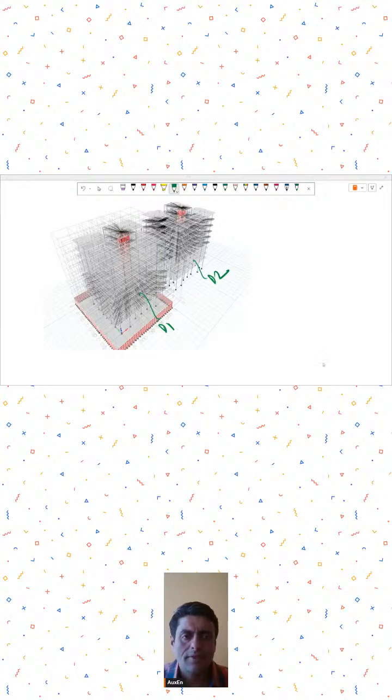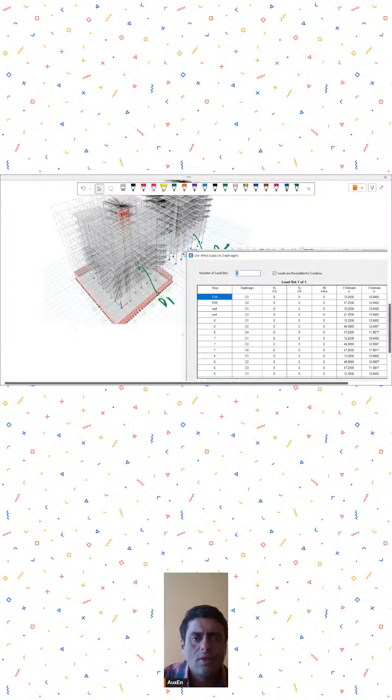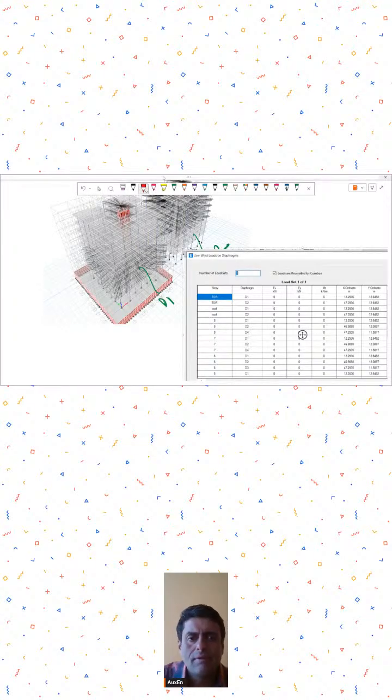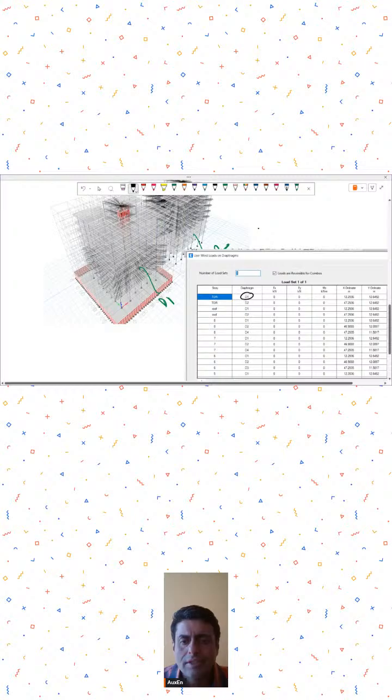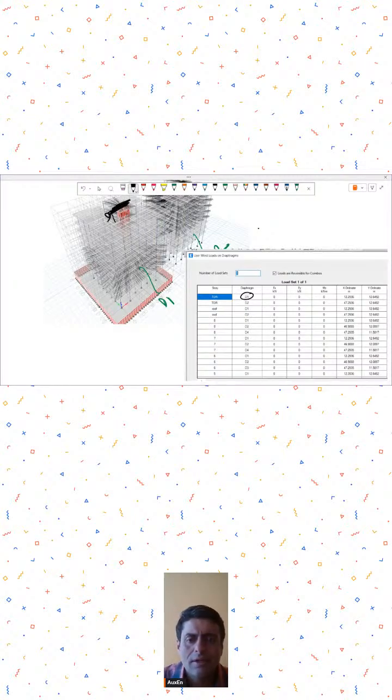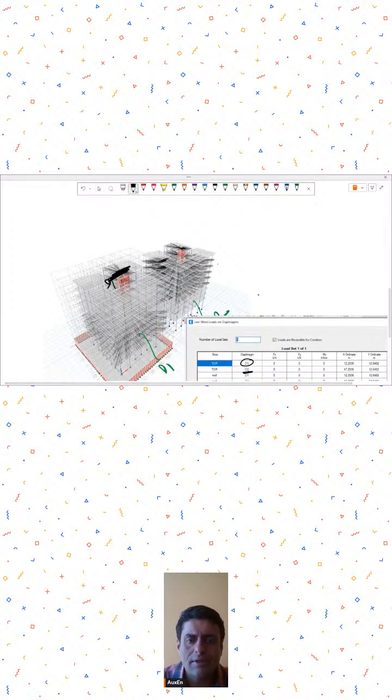Let me just show you something like this. Do you see the screenshot? Now on top of the roof, for example, you see a diaphragm D1 and a diaphragm D2. I hope you are able to see. This diaphragm D1 is what we have assigned in this tower, and D2 is for the adjacent tower, and so on.